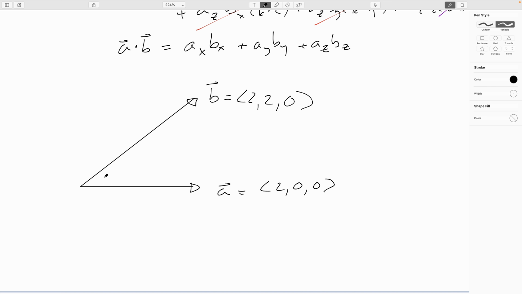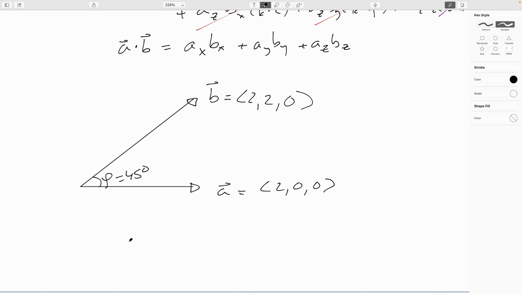With a quick moment's reflection, you should be able to convince yourself that this angle is 45 degrees. That's just because this would be 2, that would be 2, so you have a 45-45 right triangle. So let's just go ahead and find this 2 different ways and see what we get.